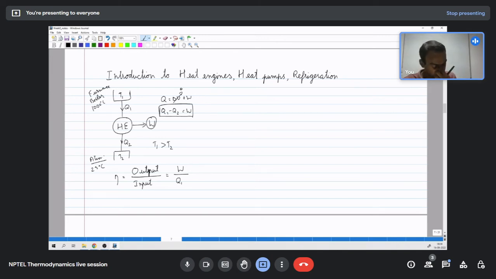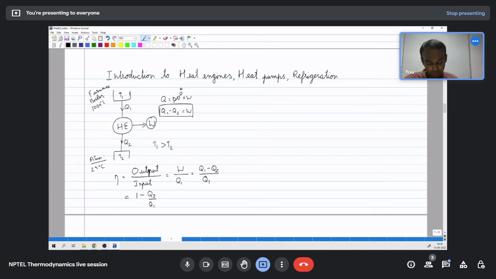So efficiency is defined as W by Q1, where W can be written as Q1 minus Q2. So this is (Q1 minus Q2) by Q1. So this is 1 minus Q2 by Q1.